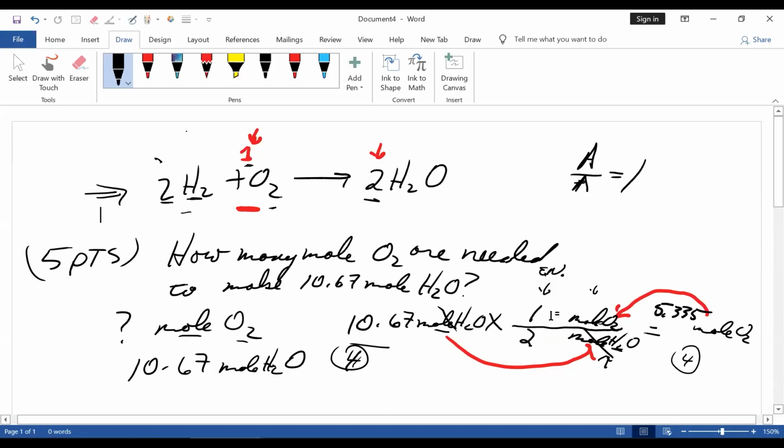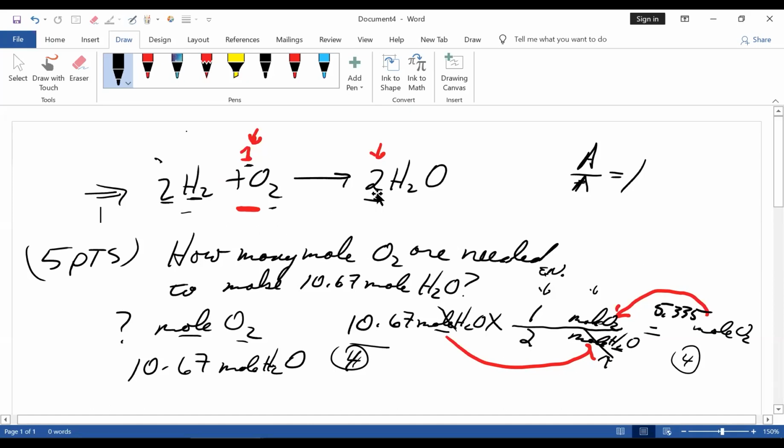And where do I get these numbers? From the balanced chemical equation. 1 mole of oxygen makes 2 moles of water. 1 mole oxygen, 2 moles of water. And therefore, I can do that. Remember, these numbers are exact.